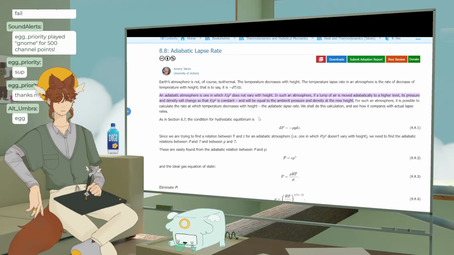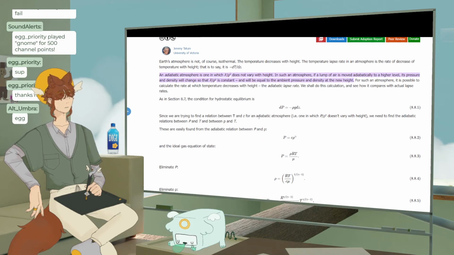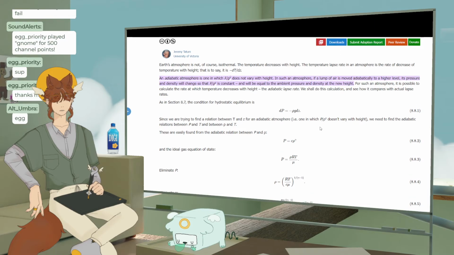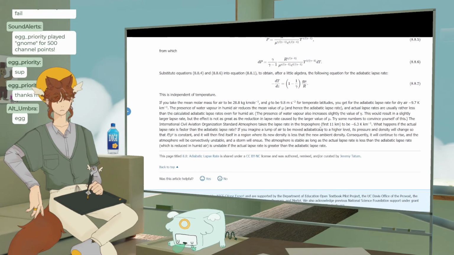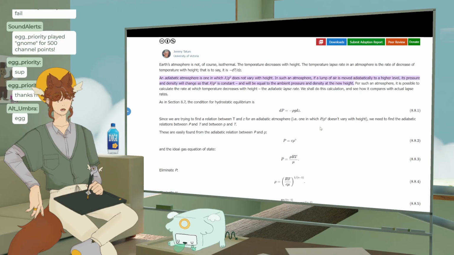So I have to find, okay, what is the gamma? What is this? Is it specific weight? I don't know. Maybe it's that. Man, I don't know what that is.